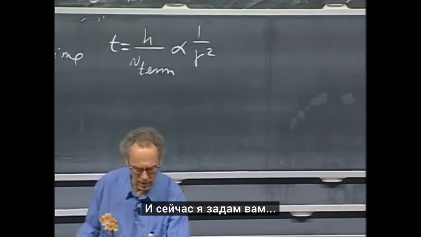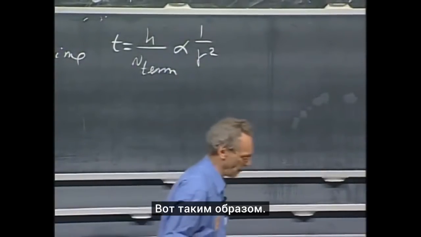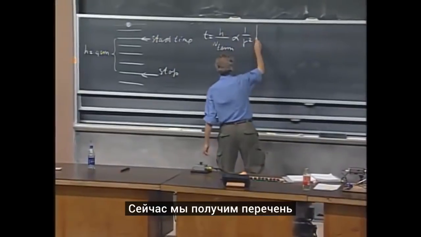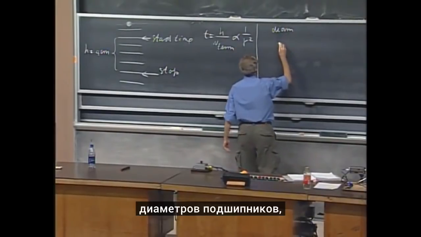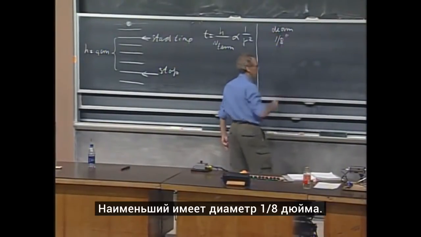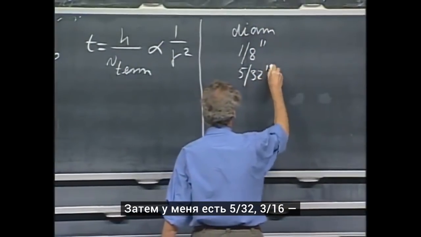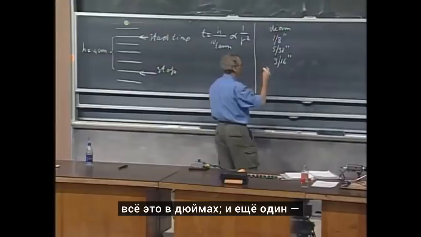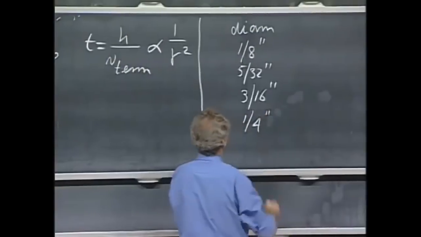And now I will give you not the radii, but the diameters of these ball bearings. That's the way they come. So we're going to get a list of the diameters of the ball bearings, in inches. My smallest one has a diameter of 1/8 of an inch. Then I have 5/32, I have 3/16. All these things come in inches, that's one of those things, and I have 1/4 inch diameter.